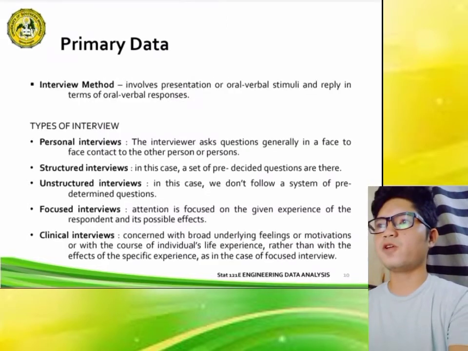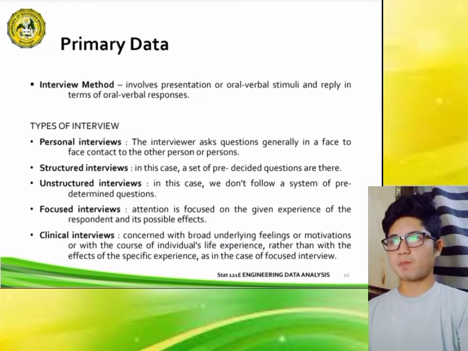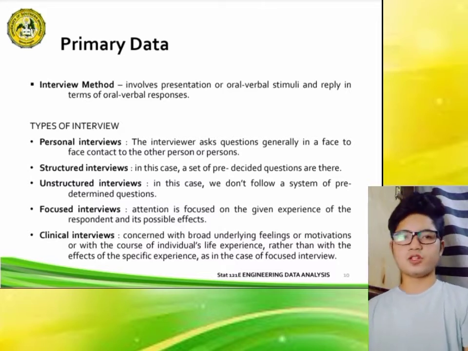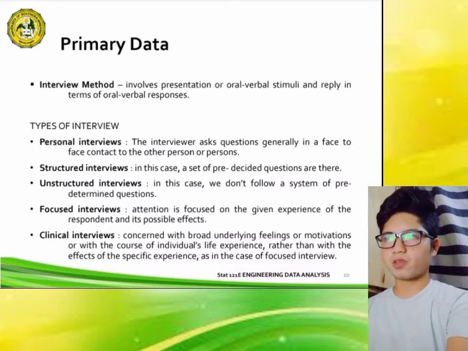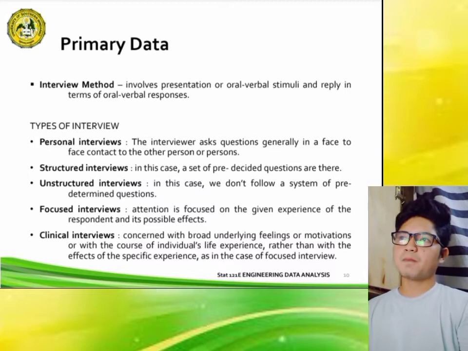And then we have the second method, the interview method. It involves presentation of oral verbal stimuli and reply in terms of oral verbal responses. So yun, interviews. And then we have different types of interviews. The first one is the personal interviews.